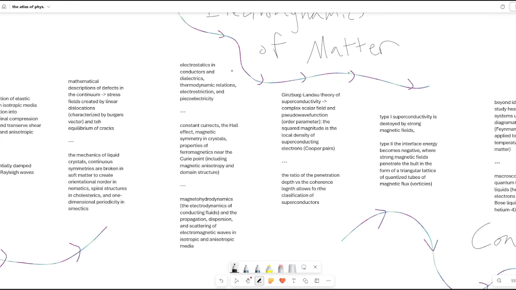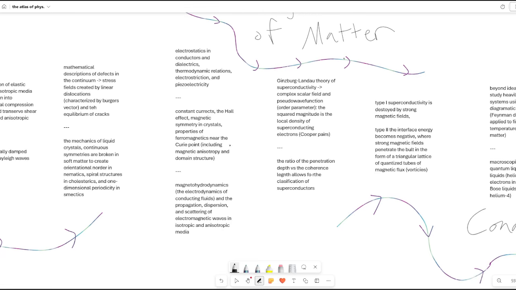These are physical things that are the subject of a lot of theoretical physics, and among these are the Hall effect, magnetic symmetry in crystals, properties of ferromagnetics near the Curie point, including magnetic anisotropy, domain structure.